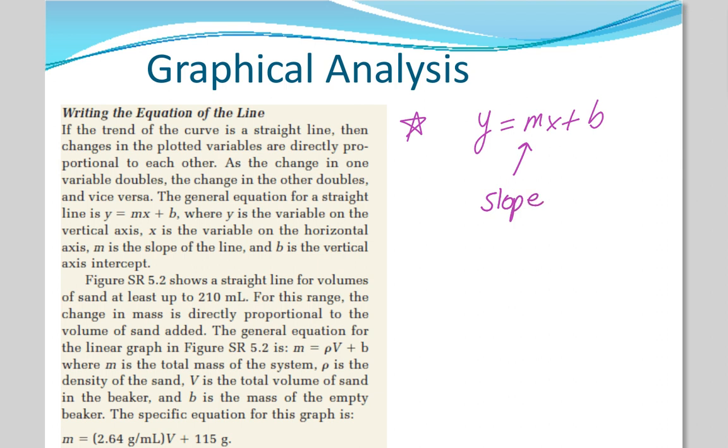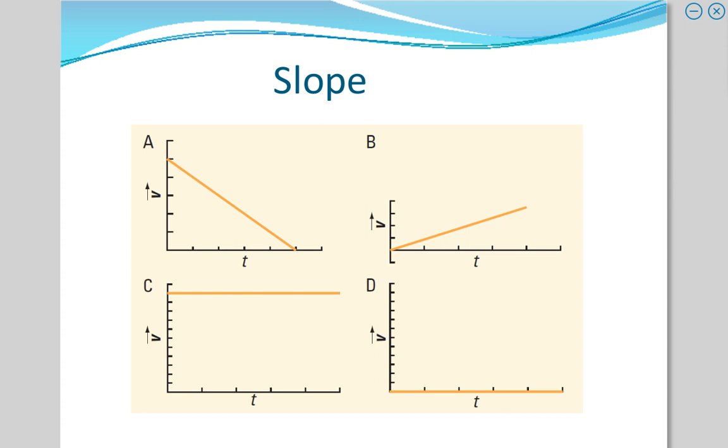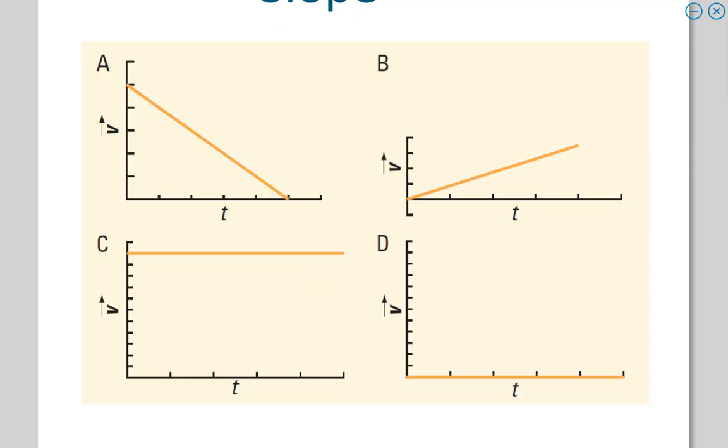This really is emphasized in Physics 30, and you don't see too much of it in Physics 20. And this b here is the y-intercept. So we'll just get to this last slide, and we'll talk about slope.